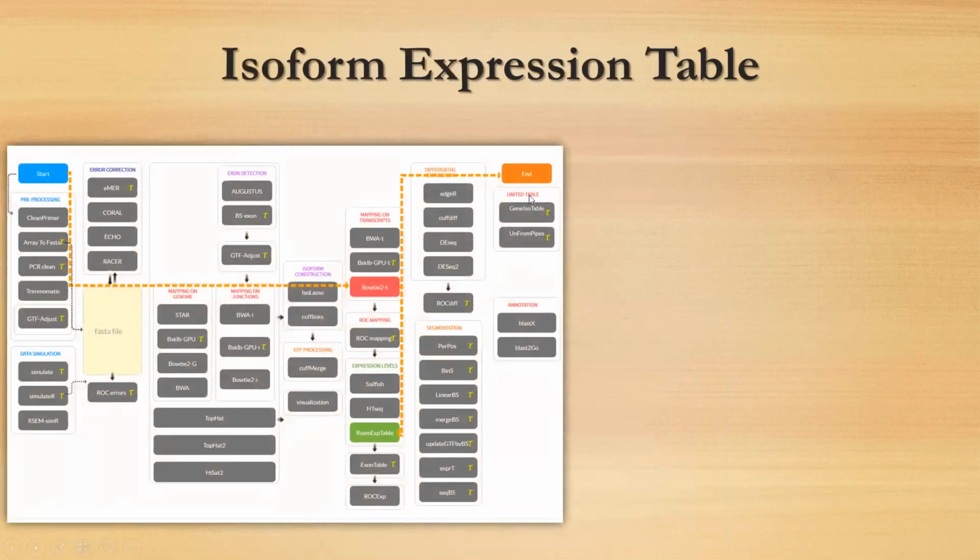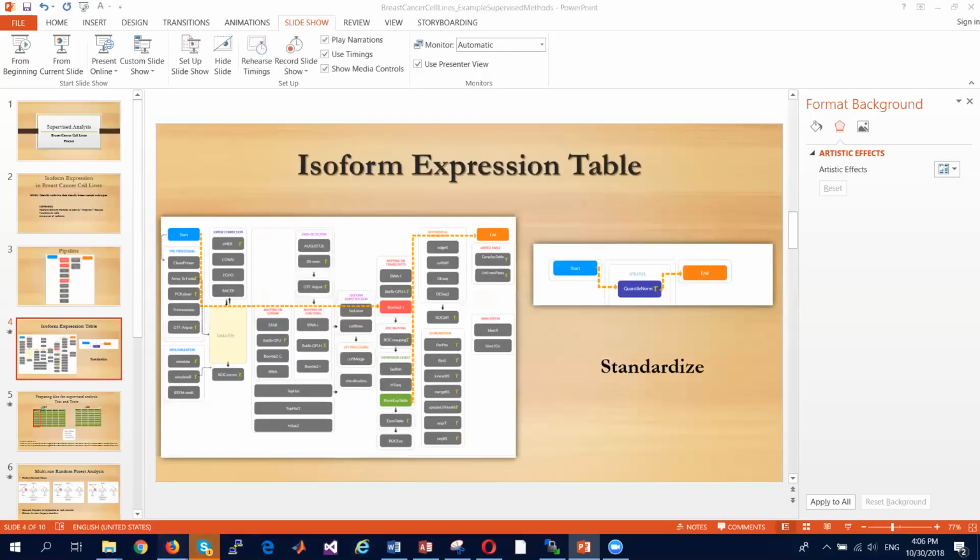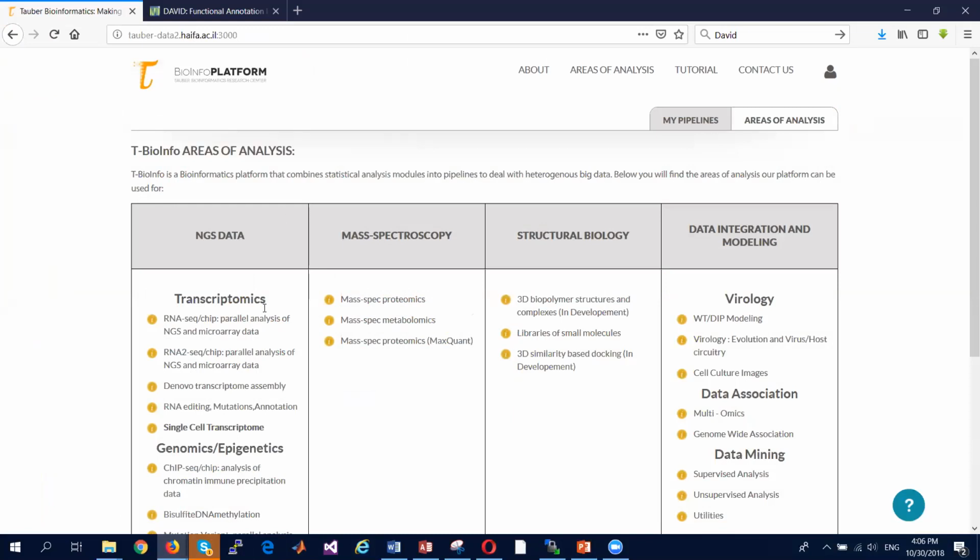So first, just a quick reminder of what we're working with. We are working with an isoform expression table, which is a table of expression, and we have obtained it on the platform. It's quite easy. In RNA-seq, let me go for a minute to our platform.